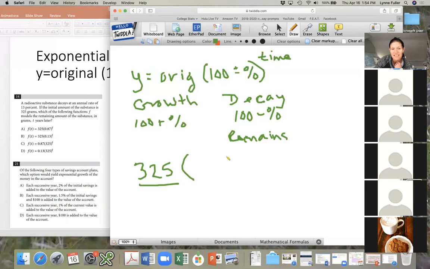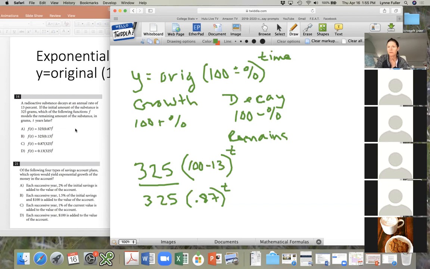And remember, it's decay. So it's going to be 100 minus 13 raised to time. So you wouldn't pick an answer with 0.13 in it. It's going to be what's left after 100 minus 13, which would be 0.87 raised to time times 325. So that is what your decay function would look like.